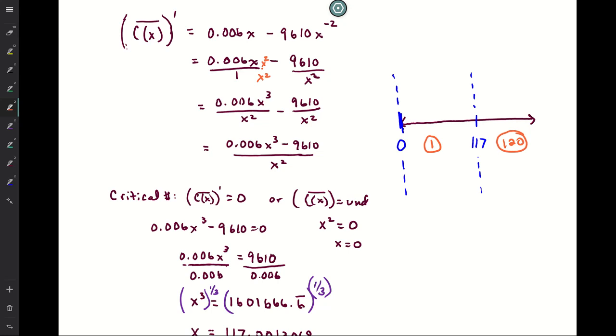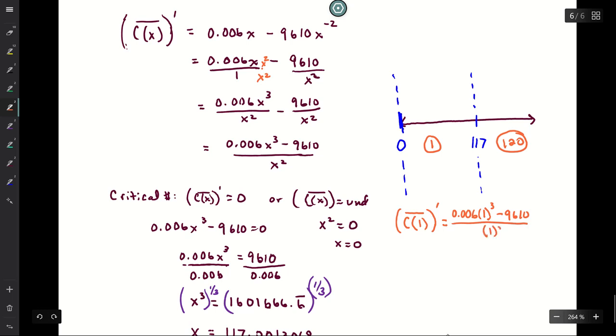Now on here, the derivative was ugly. I didn't simplify it, so I'm expecting to plug these into my calculator to determine if the sign of the derivative is positive or negative. So notationally, I would do C bar prime of 1, and then I'm plugging in 0.006 times 1 cubed, and then minus 9610, and all of that is over 1 squared.